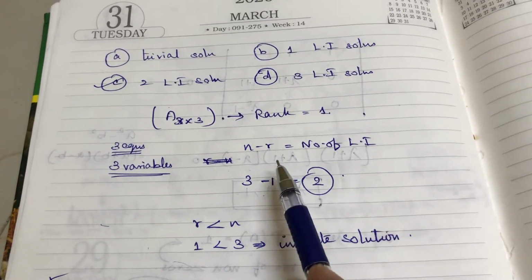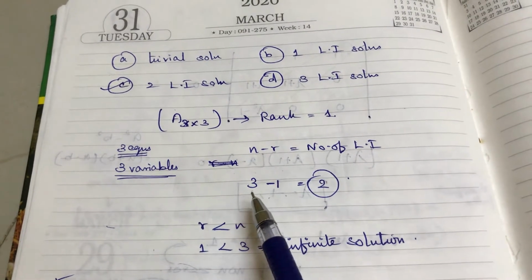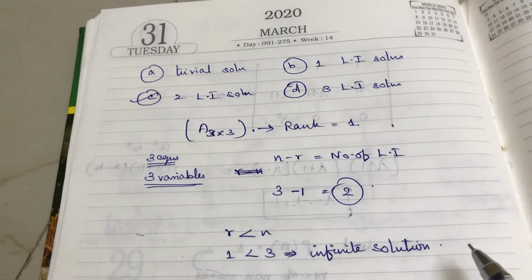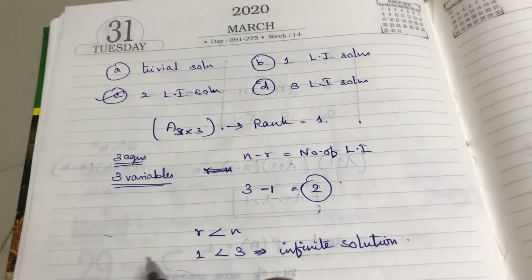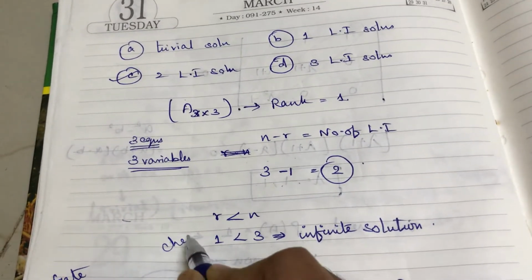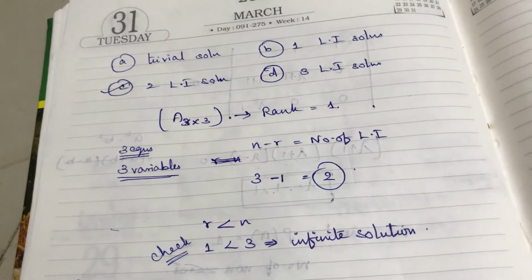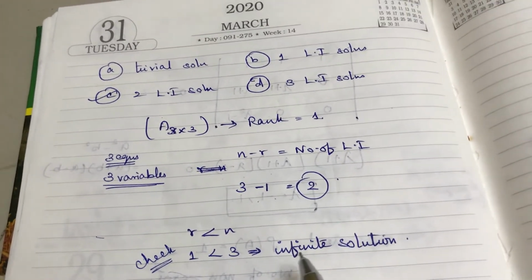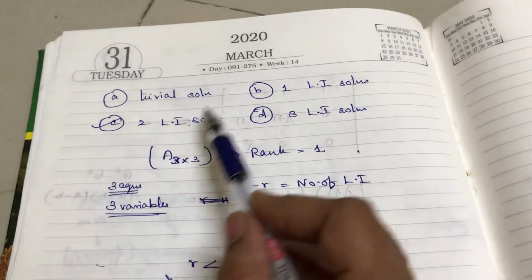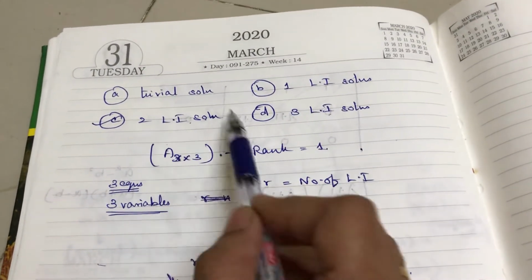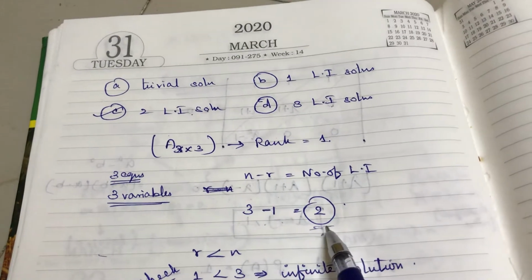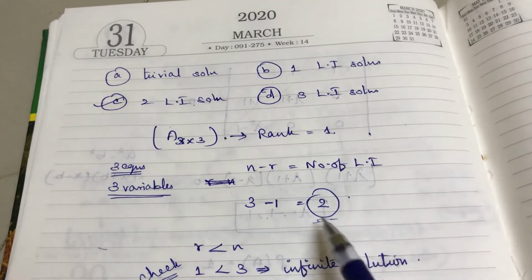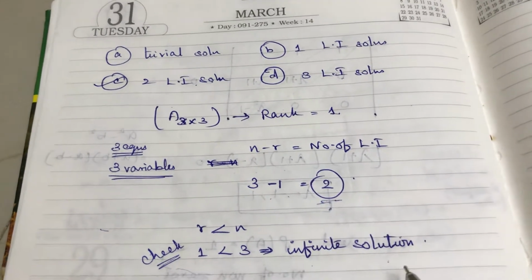You can see here rank is 1 and the equations are 3, right? So 1 is less than 3, so it is an infinite solution. So we are just checking the solution. Infinite solution means these are all infinite solutions. But how many infinite solutions do we need? 2 infinite solutions. So we are first checking the rank and then we are checking the solution here.